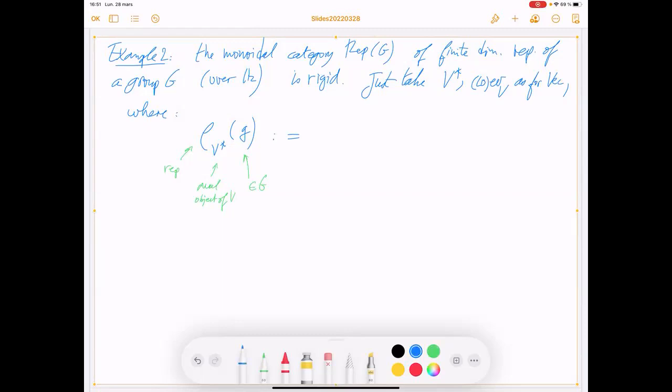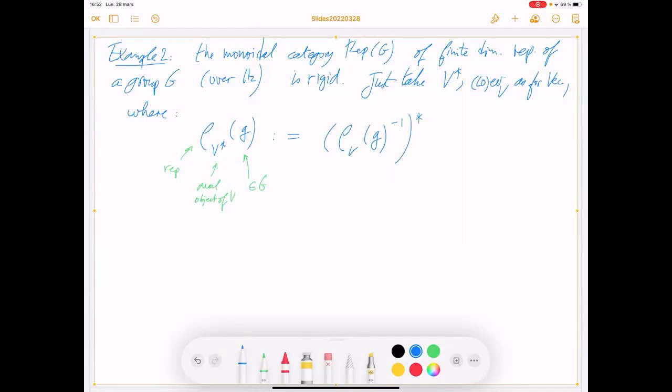You use the representation of V applied on g, but then you take the inverse of this matrix and the adjoint matrix.